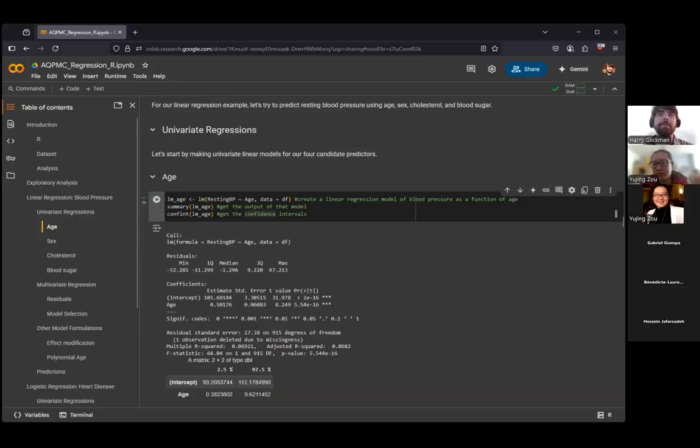Harry, just a question for you. Do you have any a priori reason to be assuming that there's a linear relationship between these factors and blood pressure? Or are you just hoping? Just hoping. Okay. And investigating whether there is, in a sense, with these models, because it'll tell you.